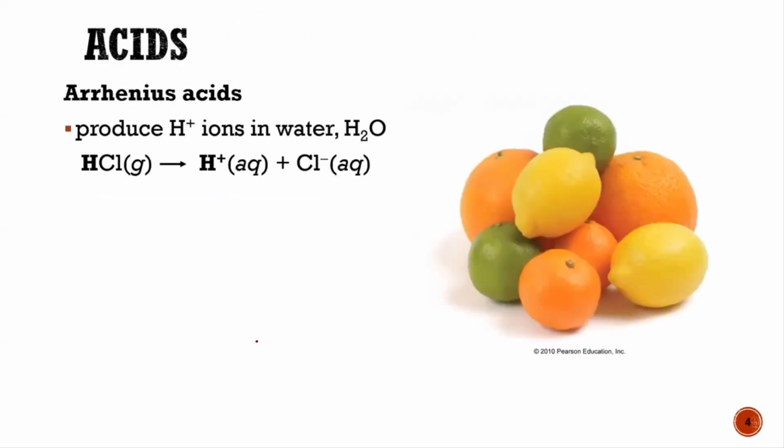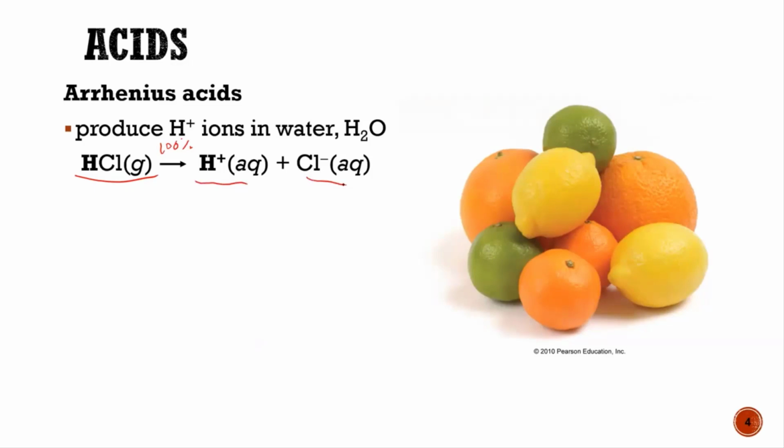So an example of an Arrhenius acid is, I could take hydrochloric or hydrogen chloride gas, throw it in water, and it dissociates 100%. So it'll break apart to give me these protons and a chloride ion, and it will be 100% dissociation.